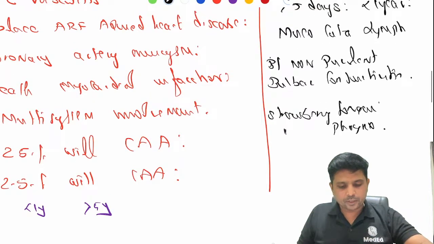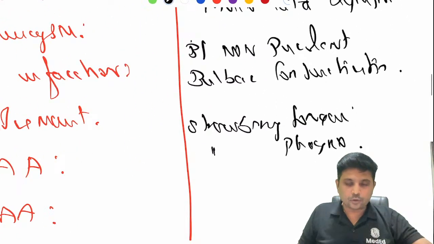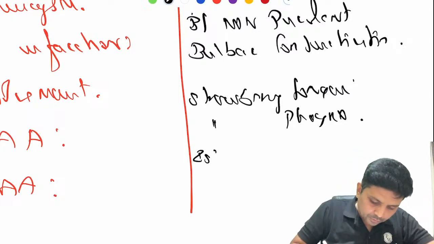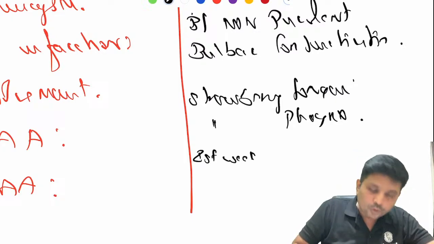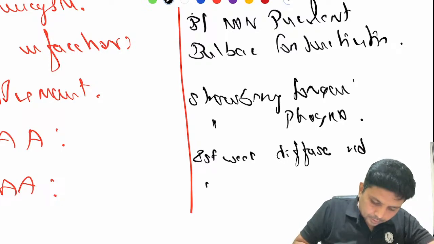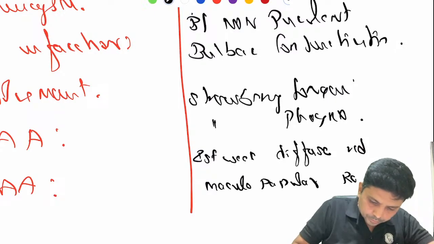Another 2 points with respect to skin. So what are all the points with respect to skin? In the first week, you will get diffuse red maculopapular rash.